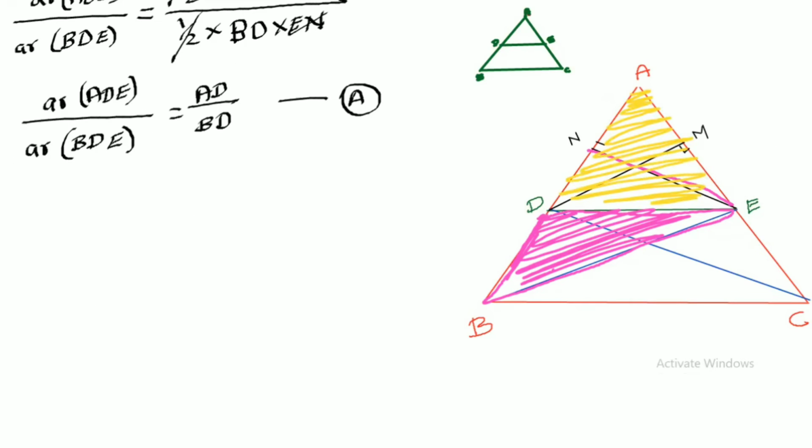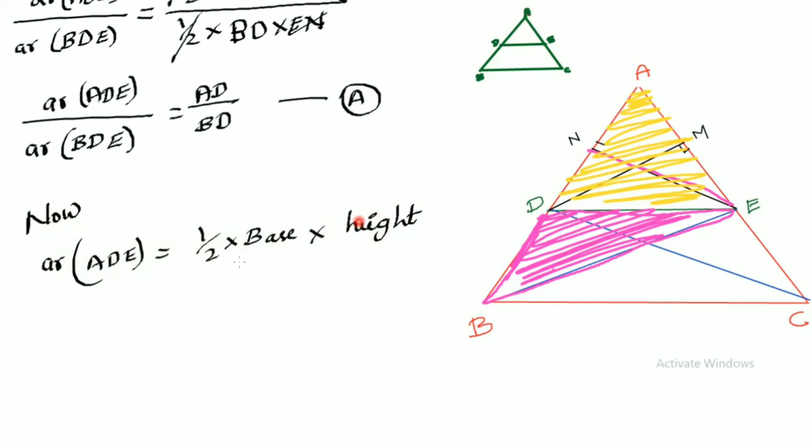Now, area of ADE is equal to half into base into height, which is half into base AE into height.